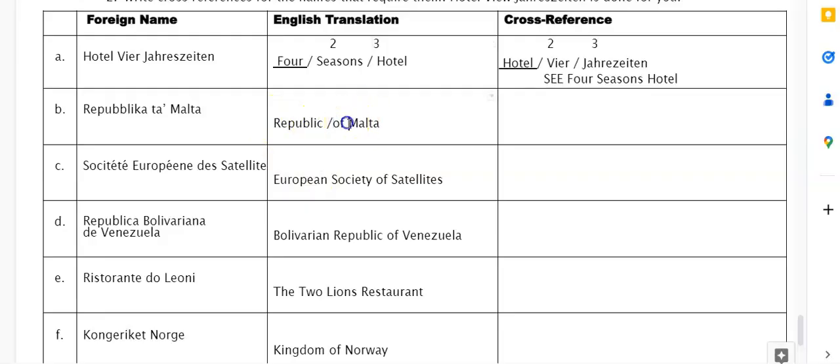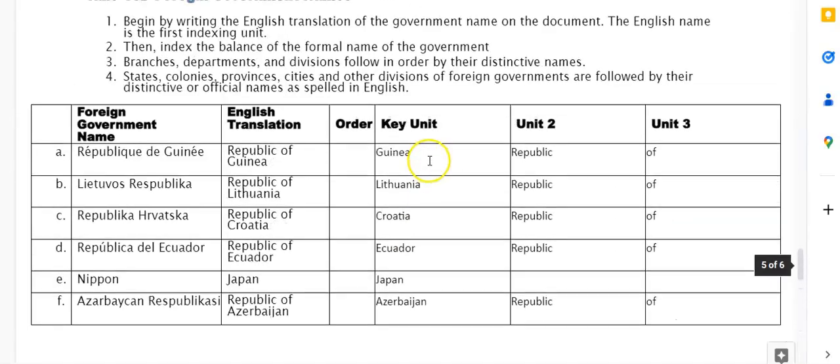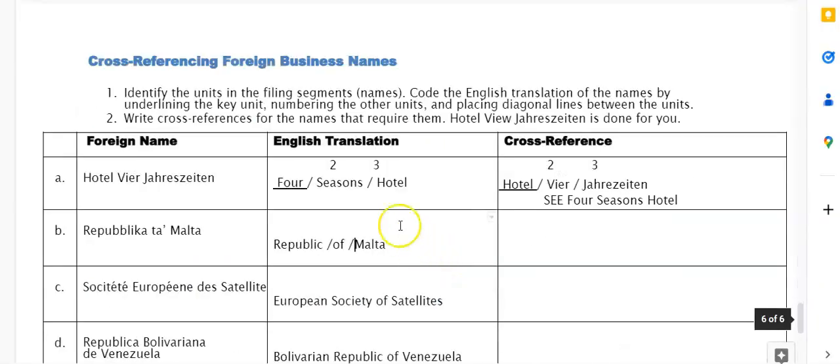And so if I separate these, the name of the republic, just like how we did here, is going to be our key unit. So Malta is our key unit. Then we have Republic, and then Unit 3 is of.